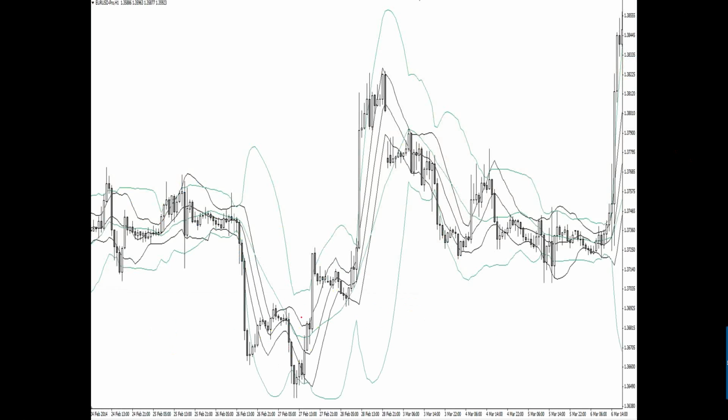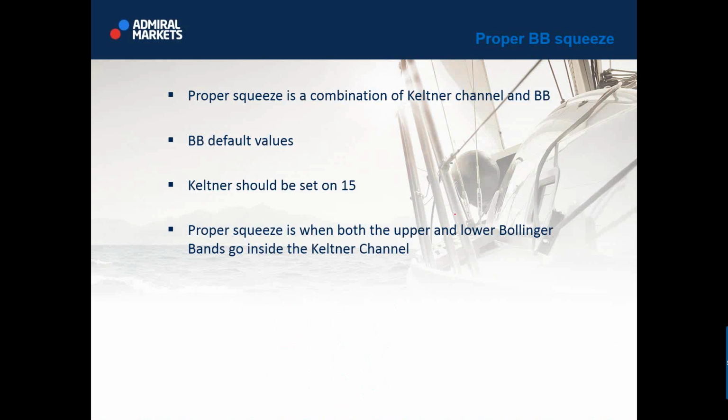This black envelope, it looks like an envelope, is actually the Keltner channel, okay, inside the Bollinger Band. But you see, this is not enough for some information. So for a proper Bollinger Band squeeze, we need to have a combination of Keltner channel and Bollinger Band.